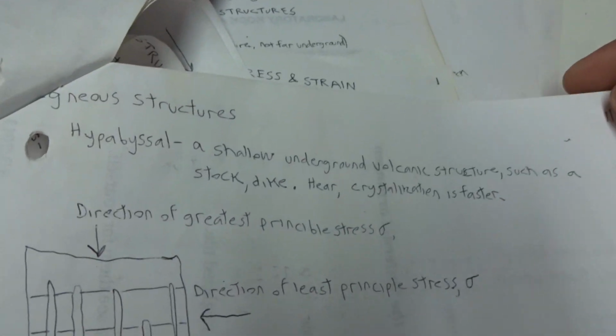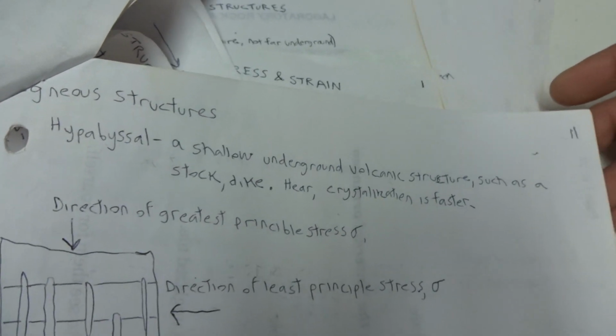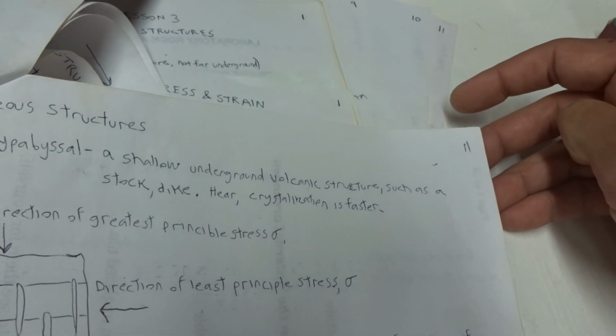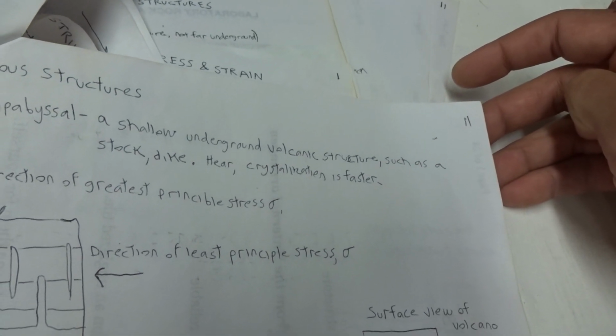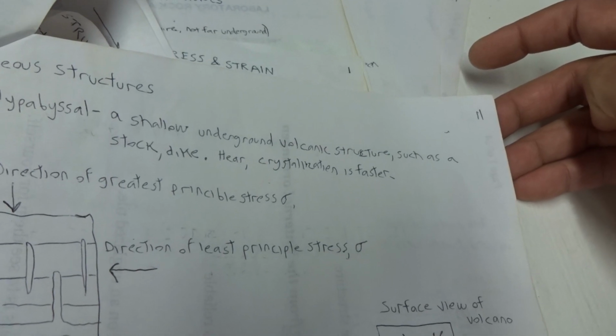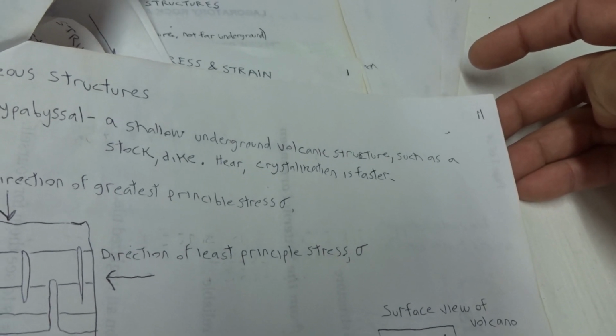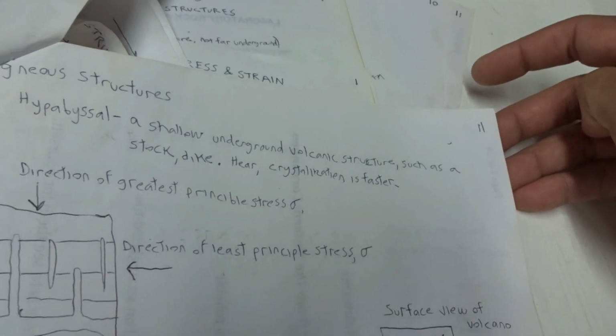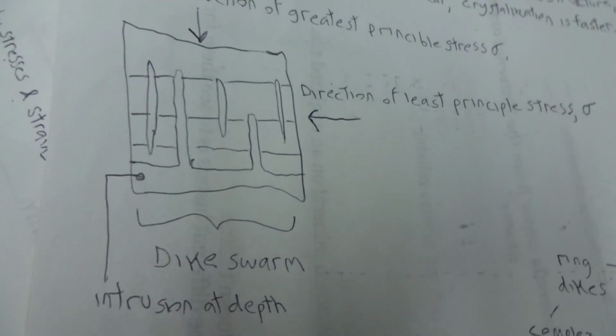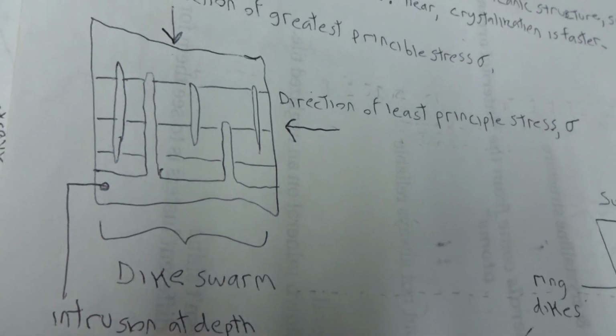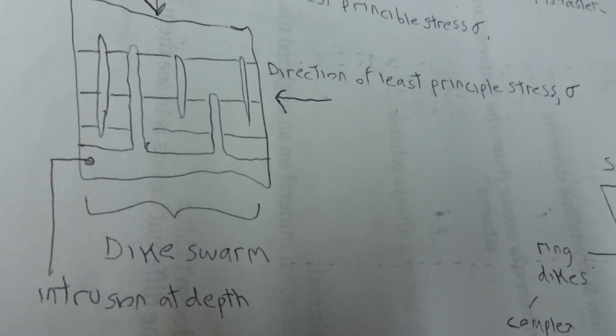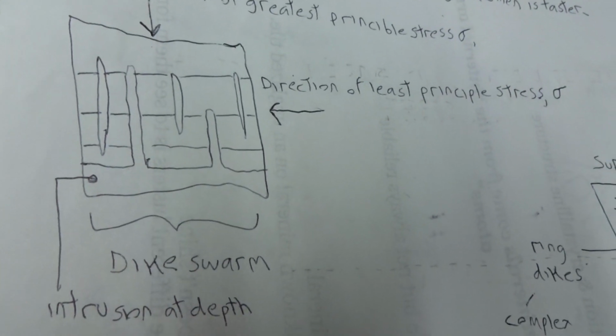Igneous structures, such as hypabyssal, a shallow underground volcanic structure, such as a stock, or a dike, or a sill. Here, crystallization is faster. In this case, we are looking at a dike swarm. The direction of greatest principal stress, sigma, is downward.